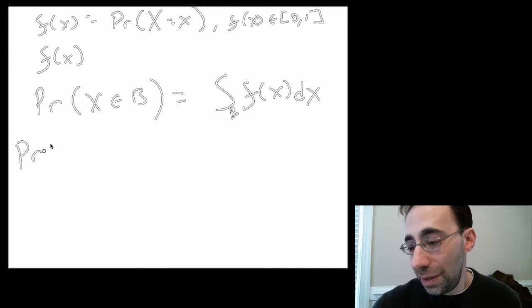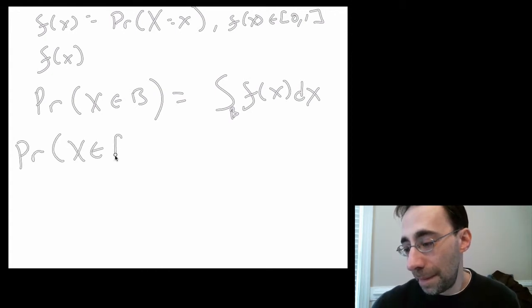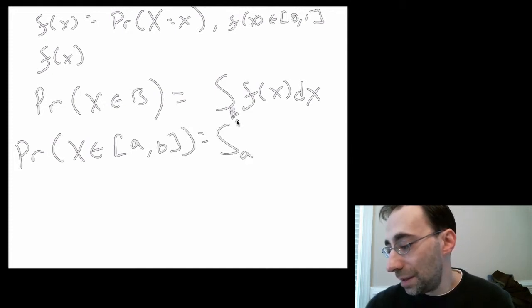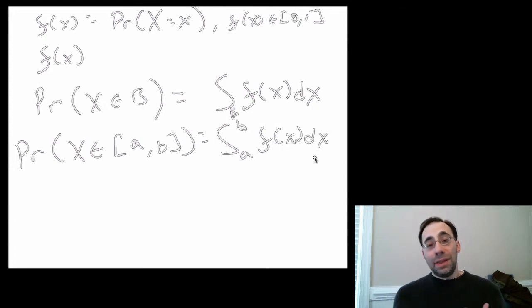So we'll instead say from A to B, some line segment, and that's going to equal the integral from A to B of f of x dx. And this thing is going to tell you the probability of the random variable X having a value between A and B. This thing's a probability, so it is between 0 and 1.